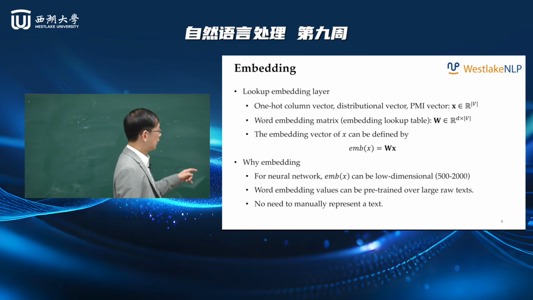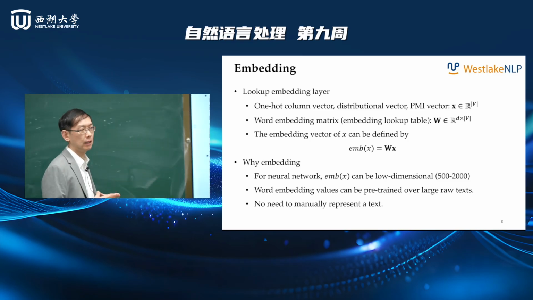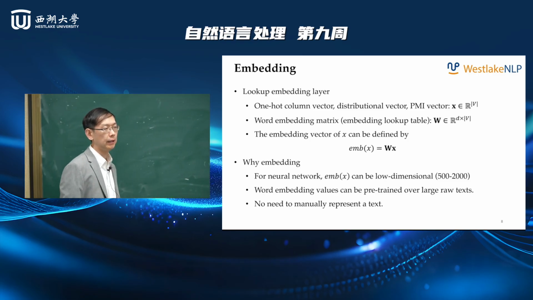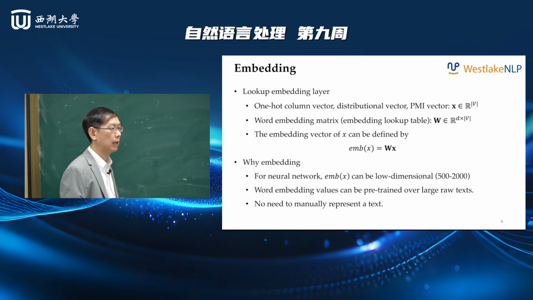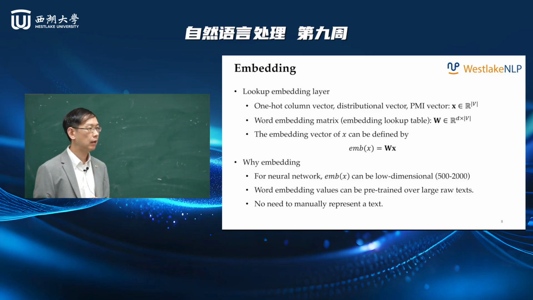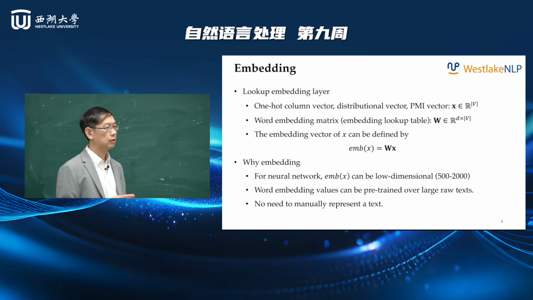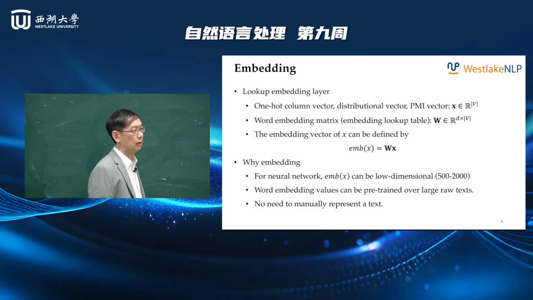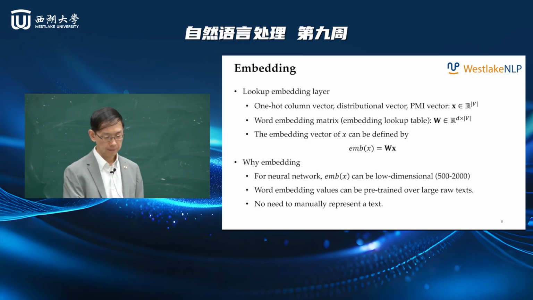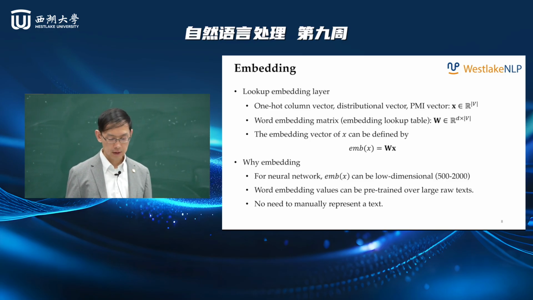So these embeddings are dense, they are like hidden layers. They are low dimensional, not on the scale of a vocabulary size. And more importantly, they are automatically learned. You don't have to manually define the feature templates. So they're more like the hidden layers.